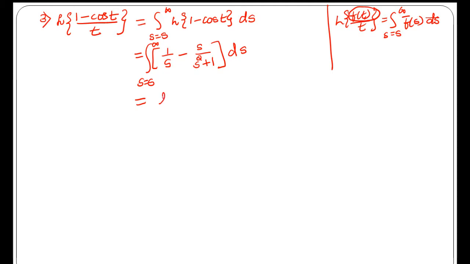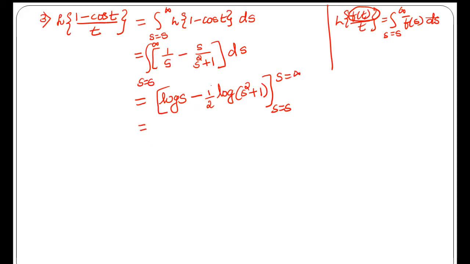Now integrate: integration of 1 by s is log s, minus integration of s by s square plus 1, which is half times log of s square plus 1. And substitute the limit s to infinity.